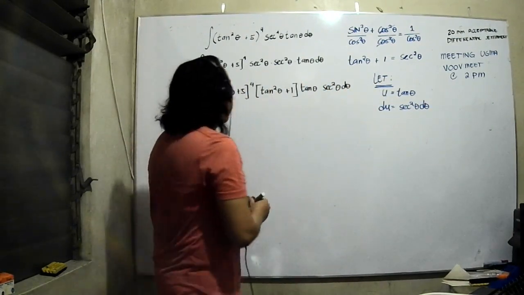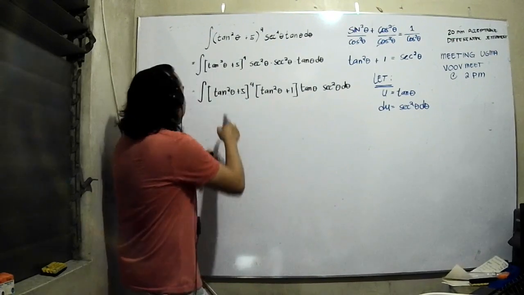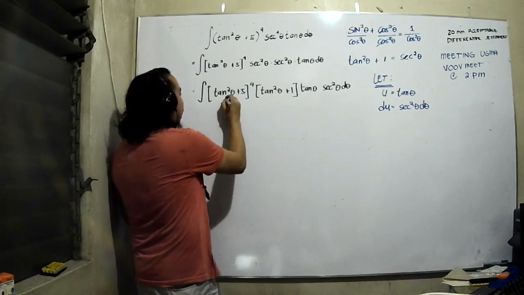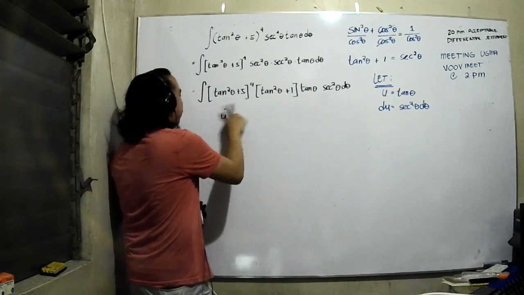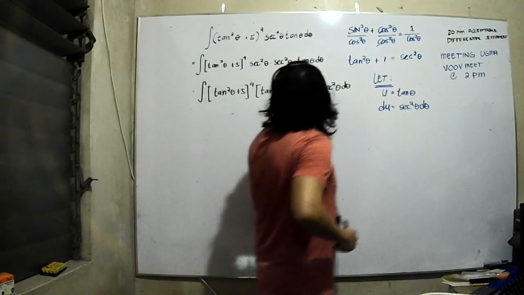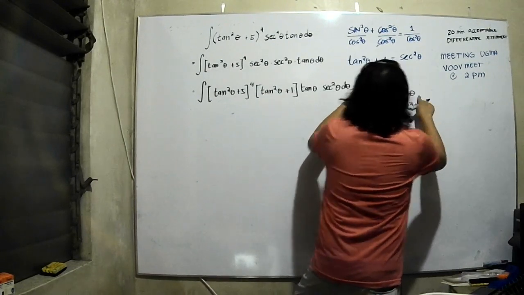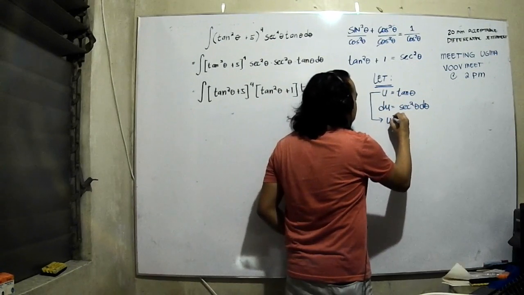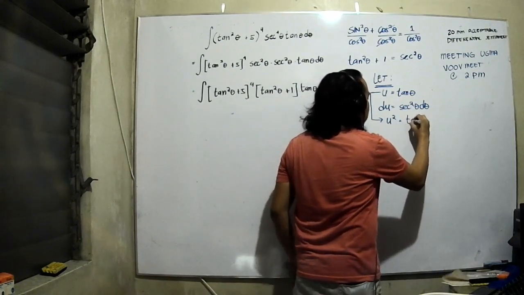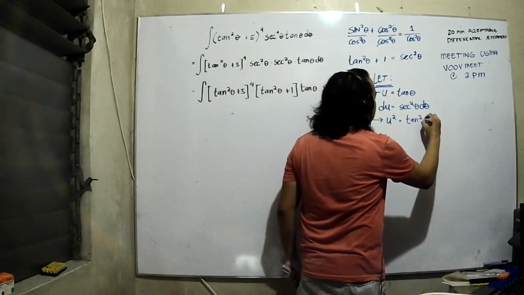Now, this becomes u. We have u equal to tangent theta, so u squared is tangent squared theta.